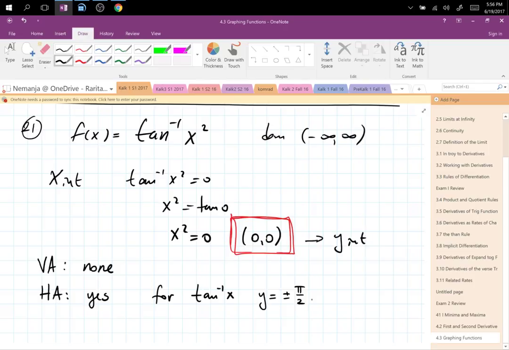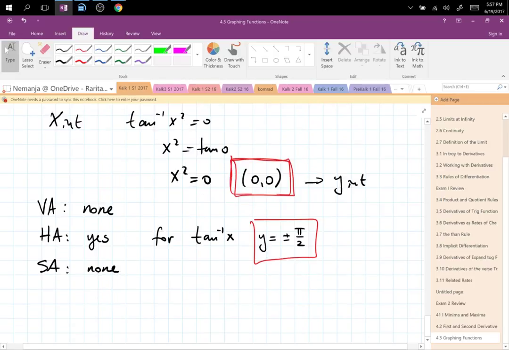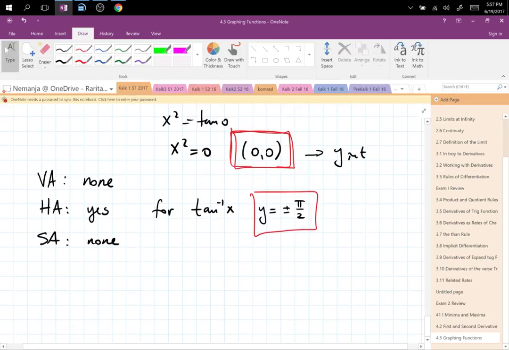So now for inverse tangent of x, we have these asymptotes. So what does that mean for the other one? They're going to be at the same spot. So that's that. Slant asymptote, obviously none, because we need those polynomials there to be at work.